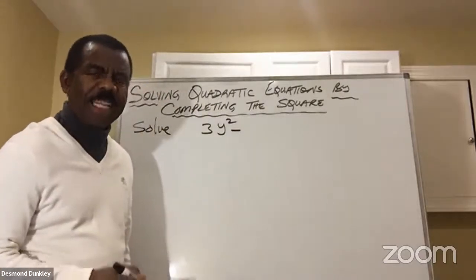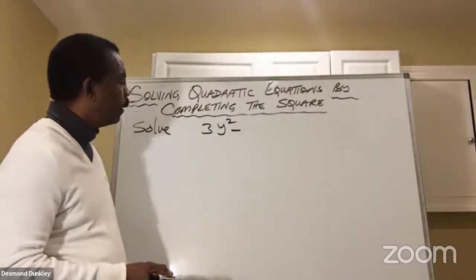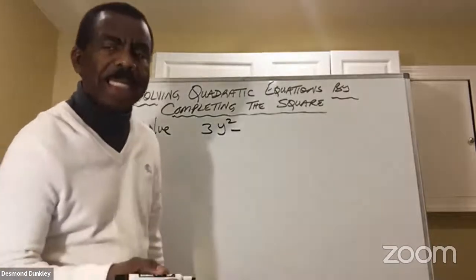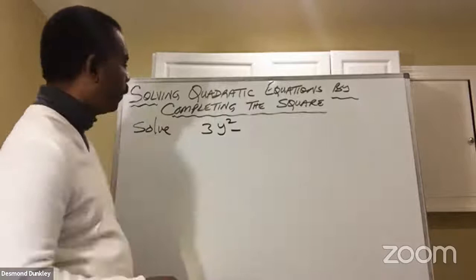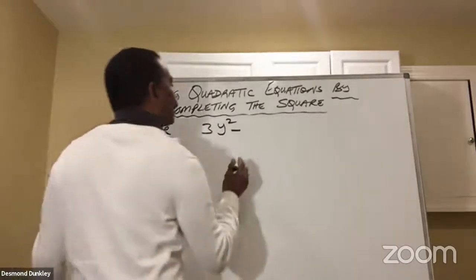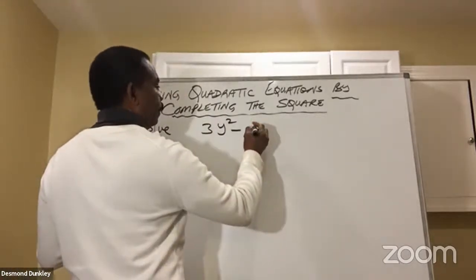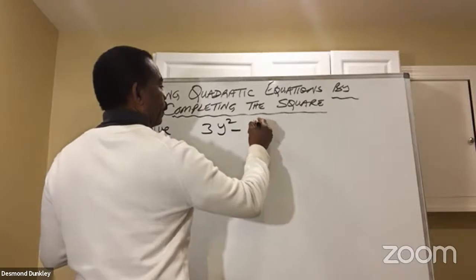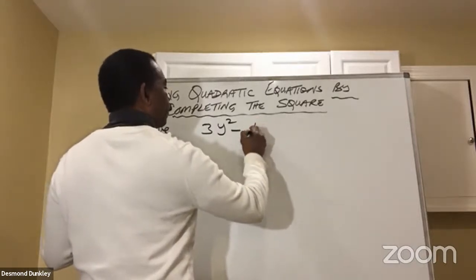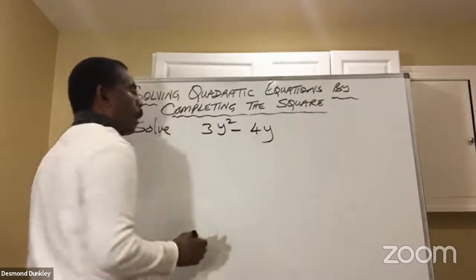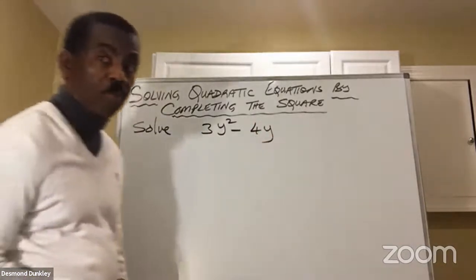Yes. Let's put stuff that is not easy to work with and see if we can fight our way through. Okay, so 3y squared minus 4y. This is going to be really ugly.